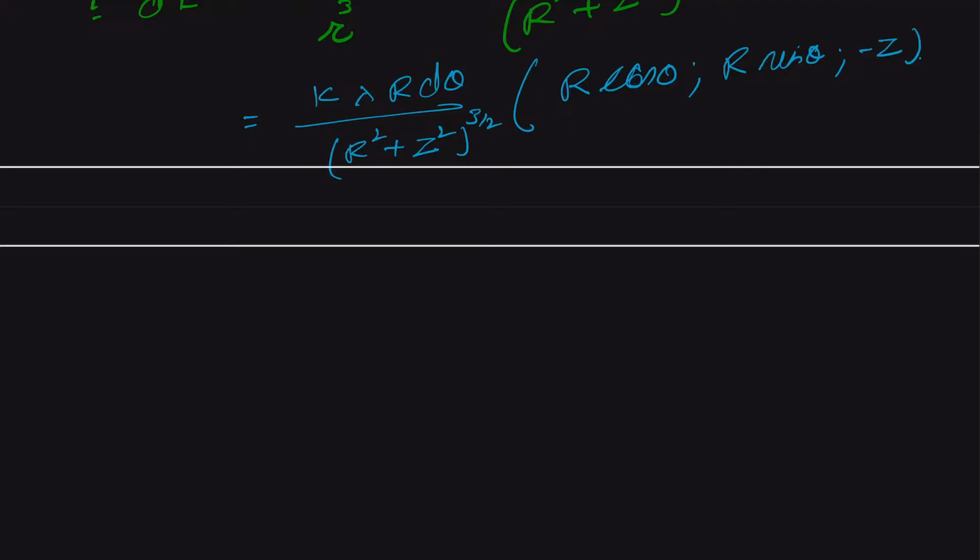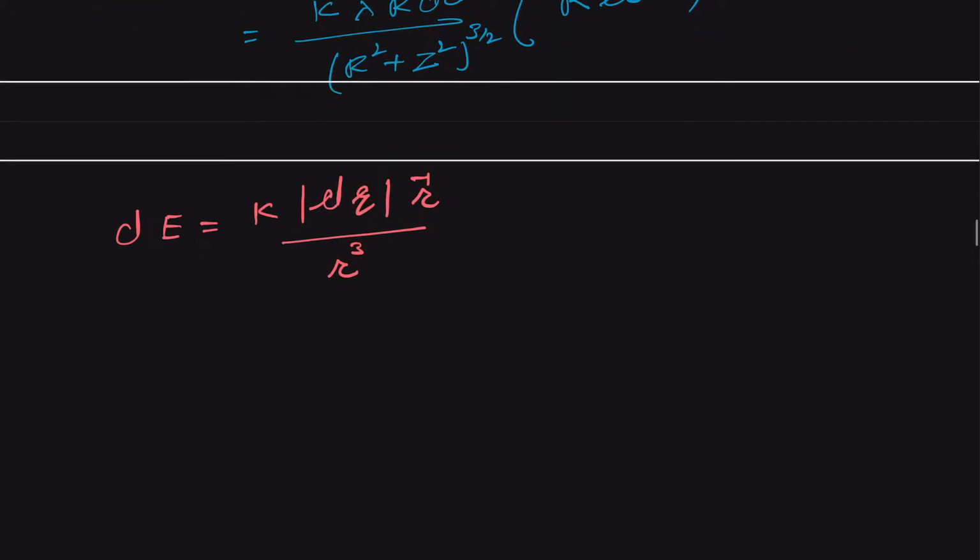The electric field was dq, and we are going to take its modulus, times the r vector over r cube, and this we can divide into three components. First will be our x component, giving us minus k dq r vector over r cube, and this comes as r cos theta.